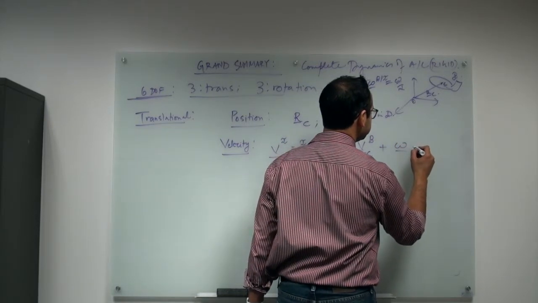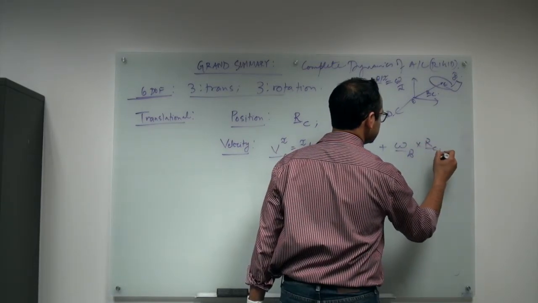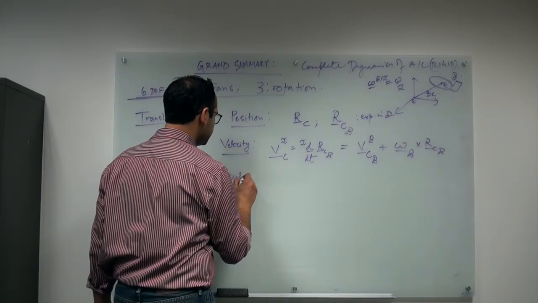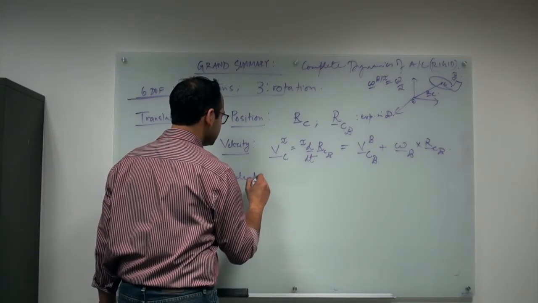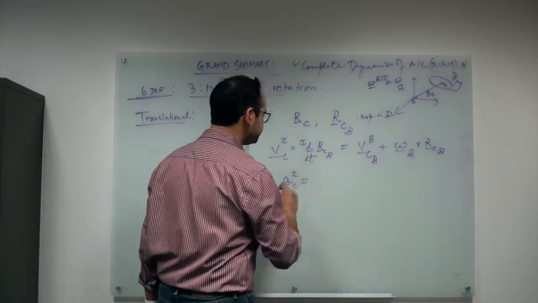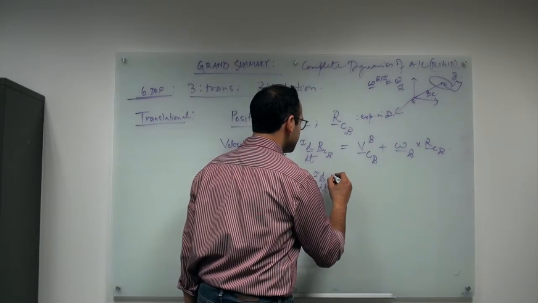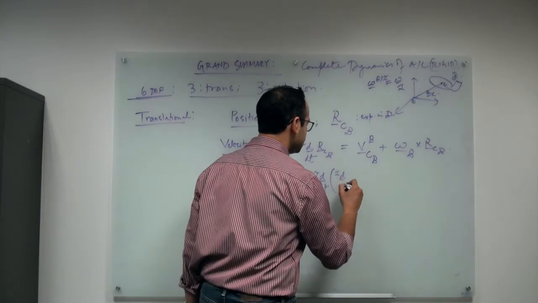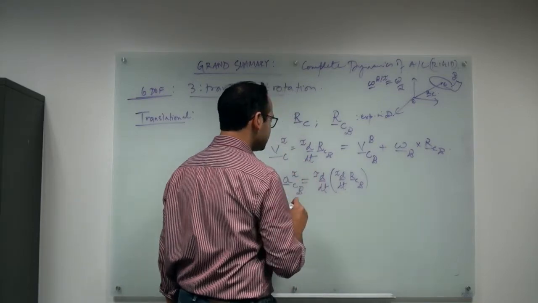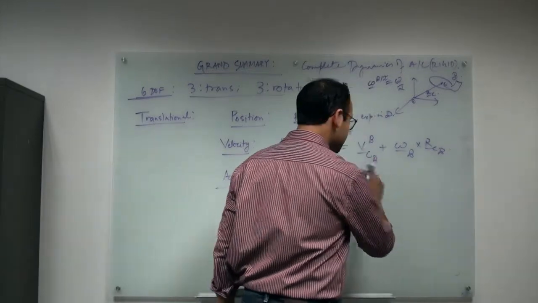And so this can be written as, using the transport theorem, and of course the acceleration. Inertial acceleration is the inertial derivative of the inertial velocity. Expressing this in the B frame to be consistent. Okay, and we did this, right?